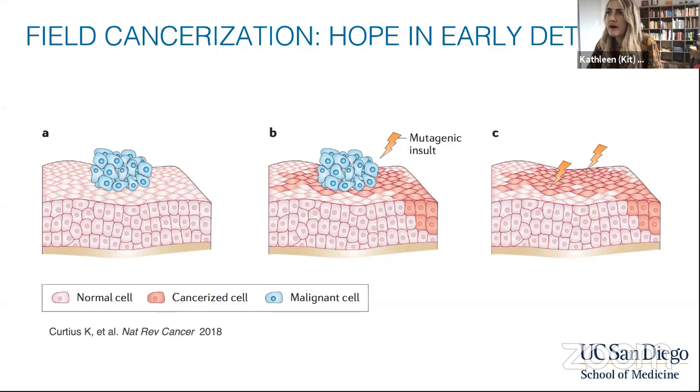So I want to talk to you about field cancerization and why we think that this is a sort of hope for early detection research. And so we had this paper out that was a big review looking into the evidence for field cancerization, where on panel A, you see a sort of sporadic classic tumor that has malignant cells growing in a field of normal surrounding cells.